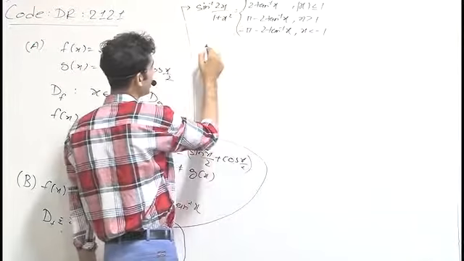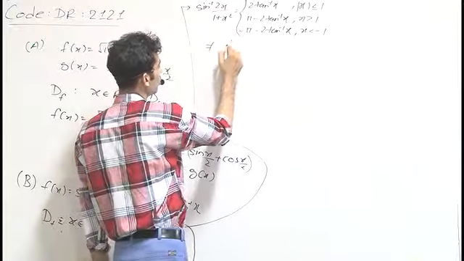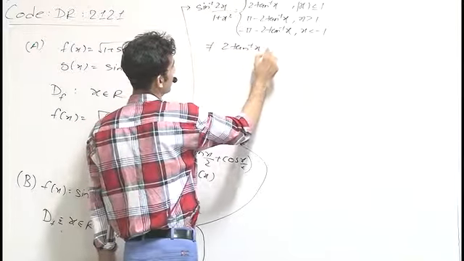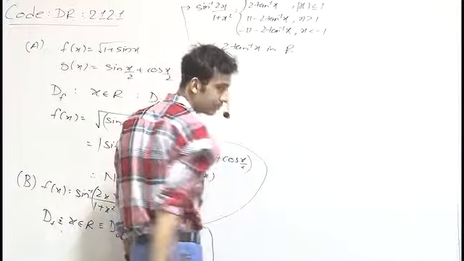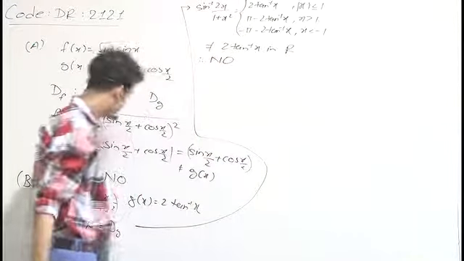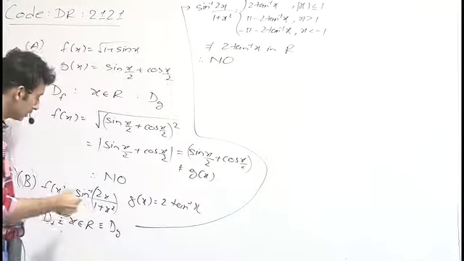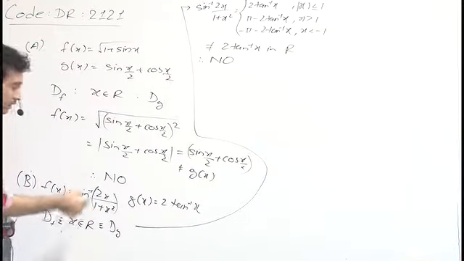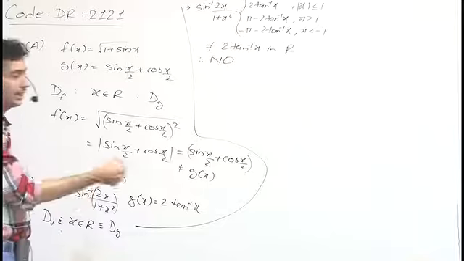So we can say that it is not always equal to 2 tan inverse x in R. Therefore, the answer for option B is no. It means that the set of functions given in option B does not represent a pair of identical functions.